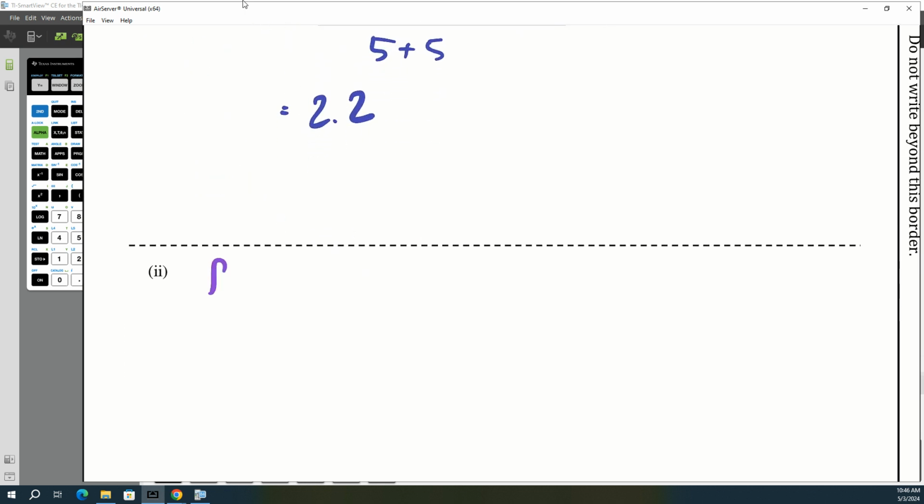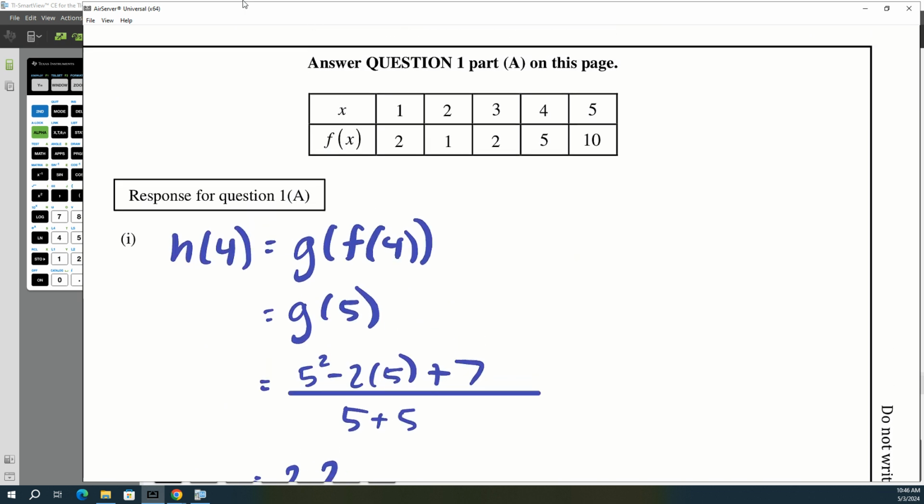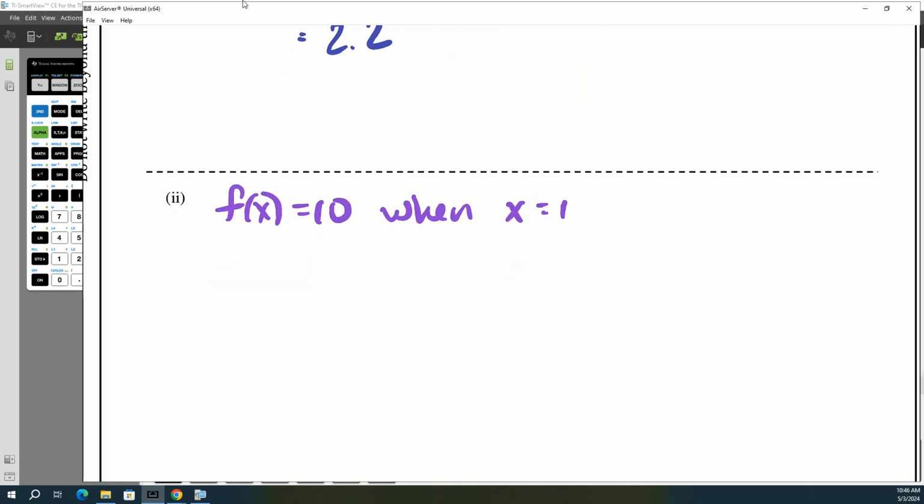So I would write f of x equals 10 when x equals 5. So f inverse of 10 is 5. And that's all you have to do. You probably could just say f inverse of 10 is 5, but I want to model perfection here.